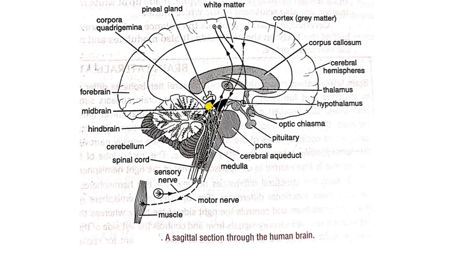Now we come to the hindbrain or the rhombencephalon. So now we begin with hindbrain. It is the posterior most part of the brain and it is in continuity with the spinal cord and consists of three parts: cerebellum, medulla oblongata and pons varolii.